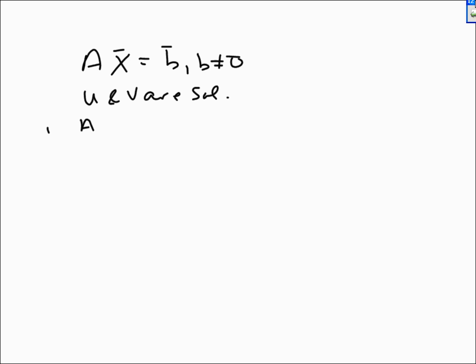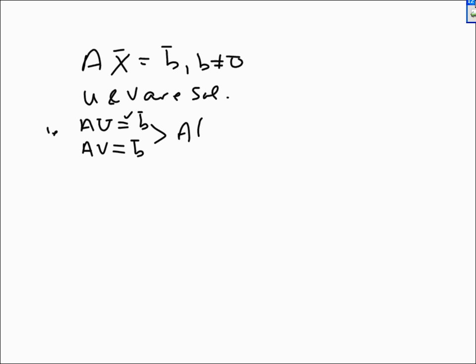So you have AX equals B, and B is not the 0 vector. Suppose U and V are solutions. That is, AU equals B, and AV equals B.